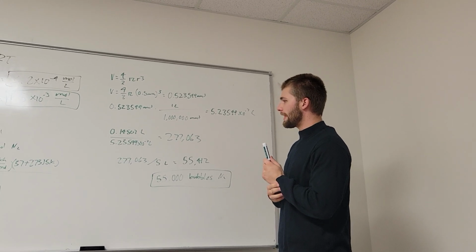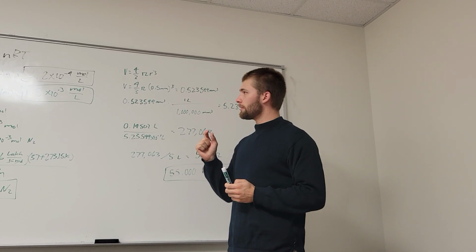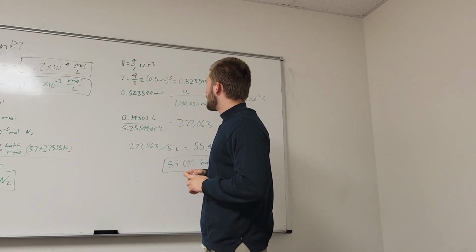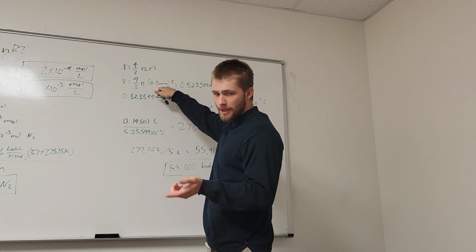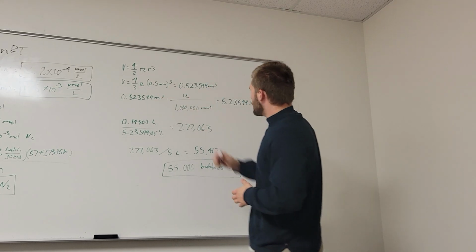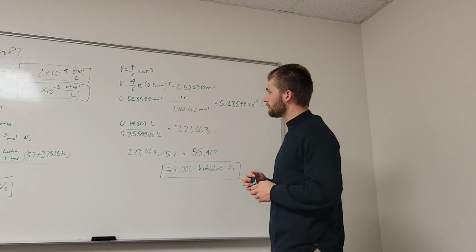To solve that, we can find the volume of each of those little bubbles. It says they're 1 millimeter in diameter. The volume of a sphere is 4/3 pi r cubed. So 4/3 pi, and the diameter is 1 millimeter, so 1/2 millimeter for the radius, cubed, yields a result of 0.523599 cubic millimeters.